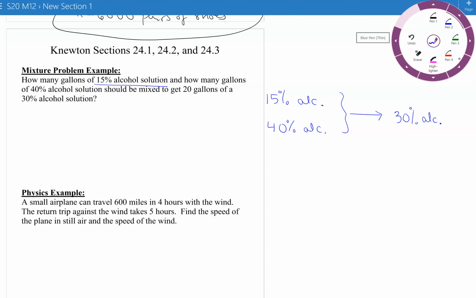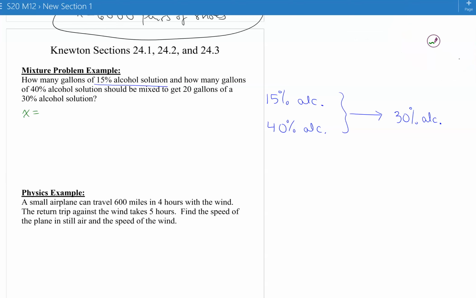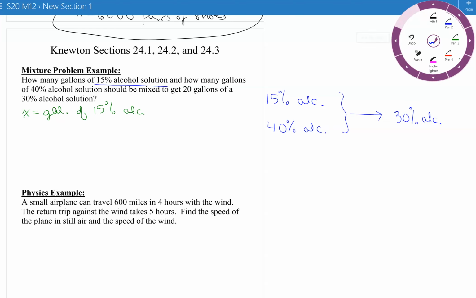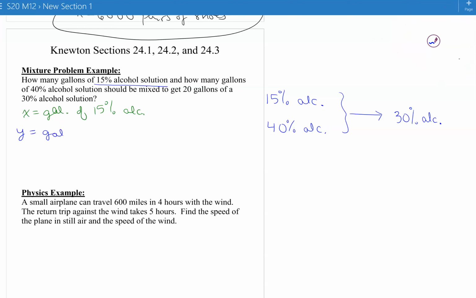So let's define some variables. Let's have x be gallons of 15% alcohol and y be gallons of 40% alcohol.